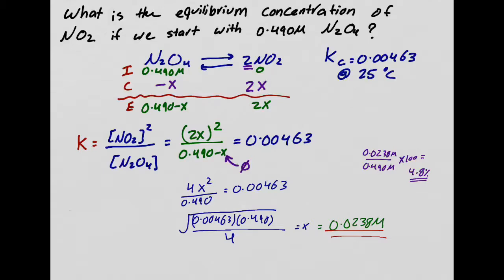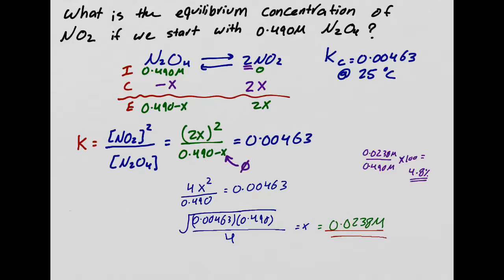The change is 4.8%, right? 4.8% of N2O4 is going to form into product. Now, that's less than 10%. If that's less than 10%, we're okay approximating this and not using a quadratic equation. Yeah? Okay. Now, let's go to our problem.